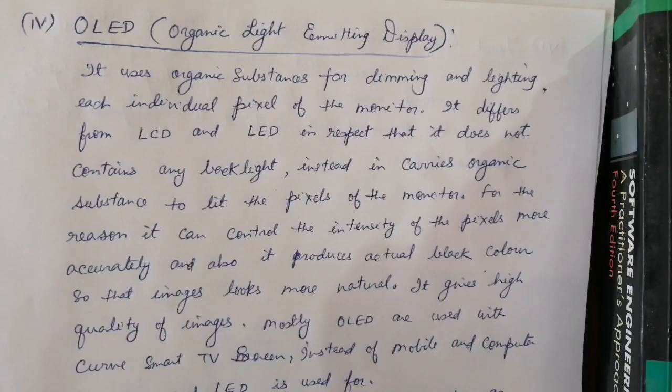And also OLED is mostly used nowadays in curved monitors, curved screens, curved TV screens, smart TV screens. LCD and LED are used in computer monitors, TV screens, as well as mobile screens also. But OLED is specially used for curved monitors in most cases because of the high quality of images it produces, and it gives accurate black color. That is why it is used.